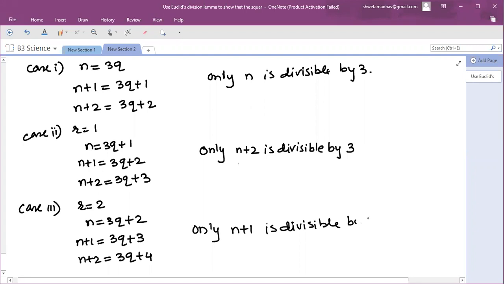So every time we can see that only one of the three terms is divisible by 3, not 2, not 3. These are the three possible cases when any number is divided by 3, you get remainder 0, 1 or 2. In all such cases, out of three consecutive numbers, only one number is divisible by 3. The rest two are not.